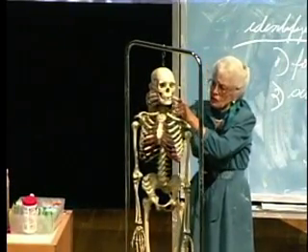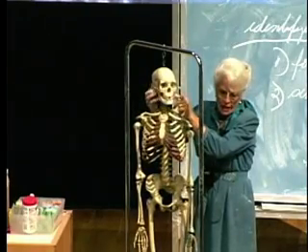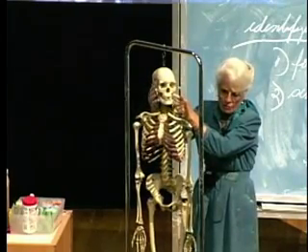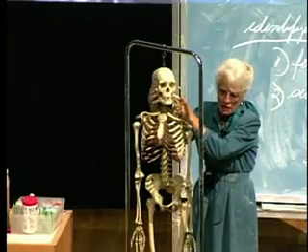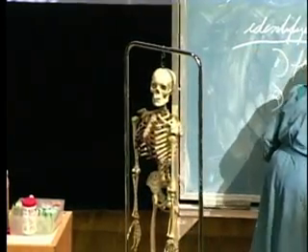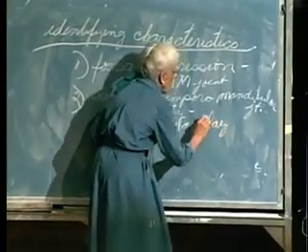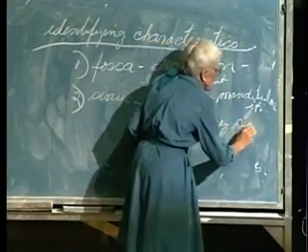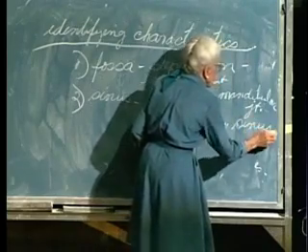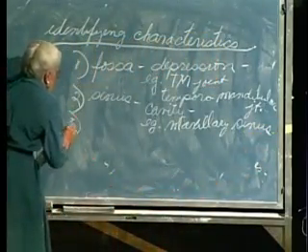Quite a few. So you have cavities in certain bones. A cavity in the maxillary bone is the maxillary sinus. Let's take a next one.